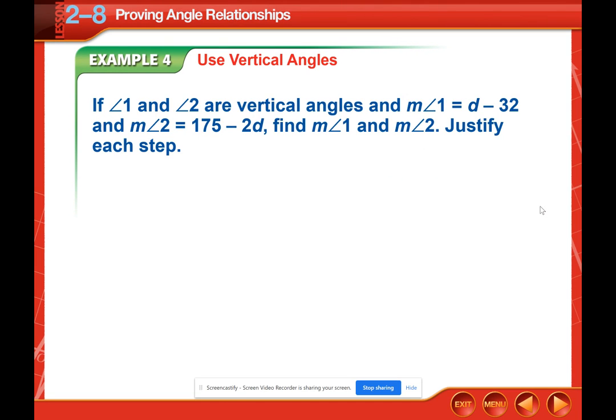If angle 1 and angle 2 are vertical angles, and the measure of angle 1 is d minus 32, and the measure of angle 2 is 175 subtract 2d, we need to find the measure of angle 1 and angle 2 and justify each step.